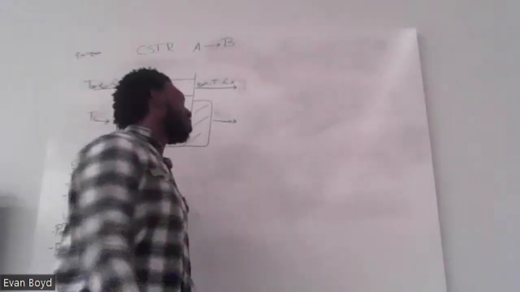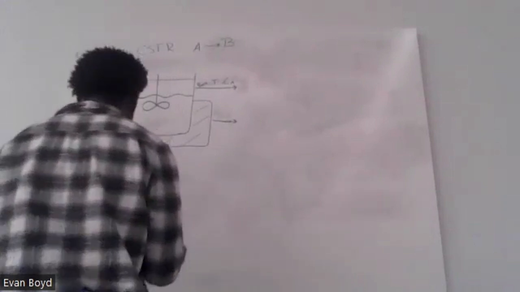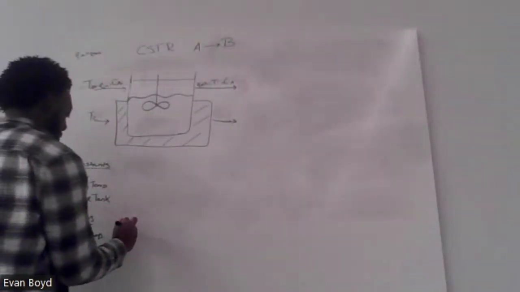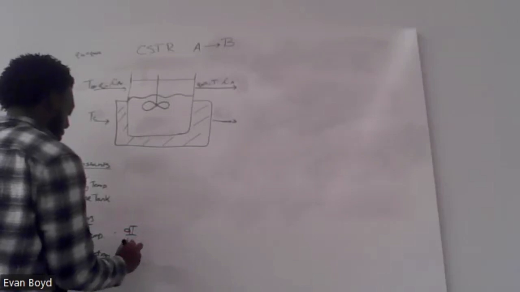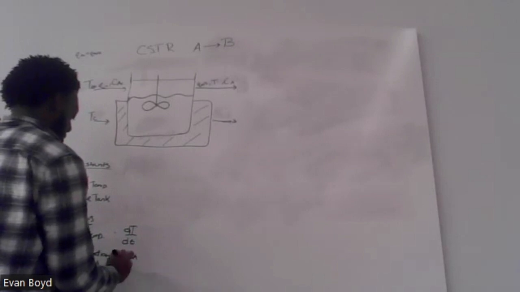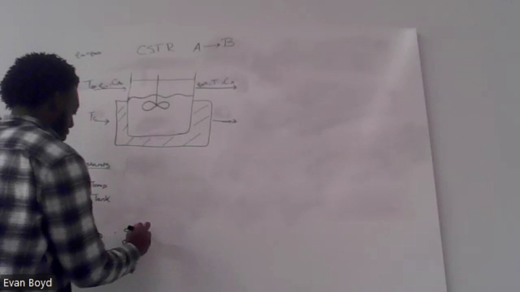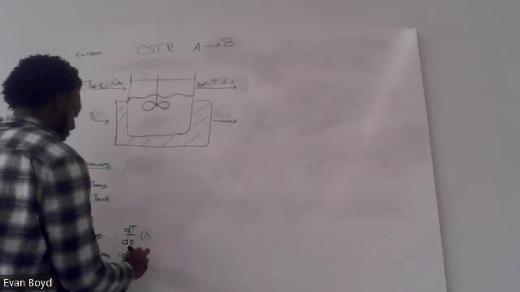It will happen over a span of time. So we need to find the change in temperature over a change of time, and the change in concentration of species A over a change of time. These are our two unknowns.